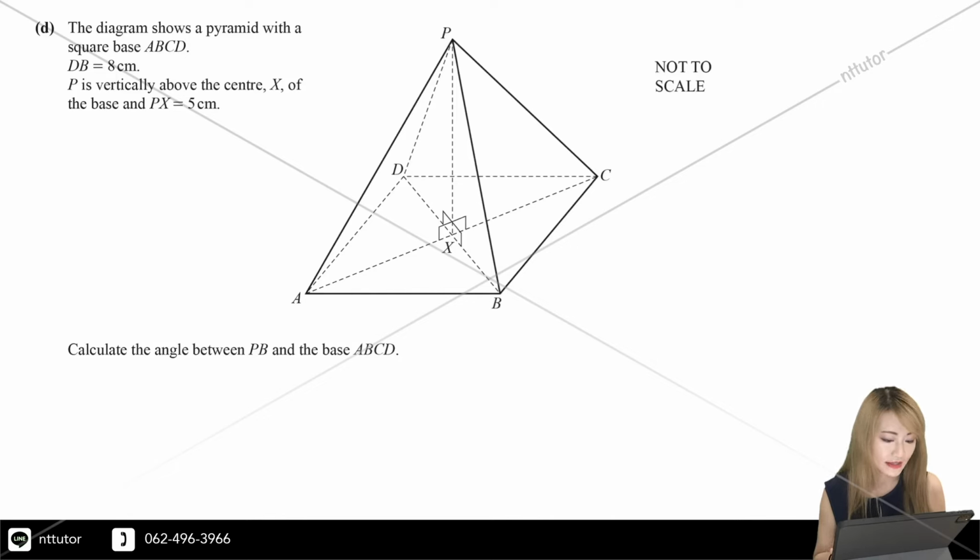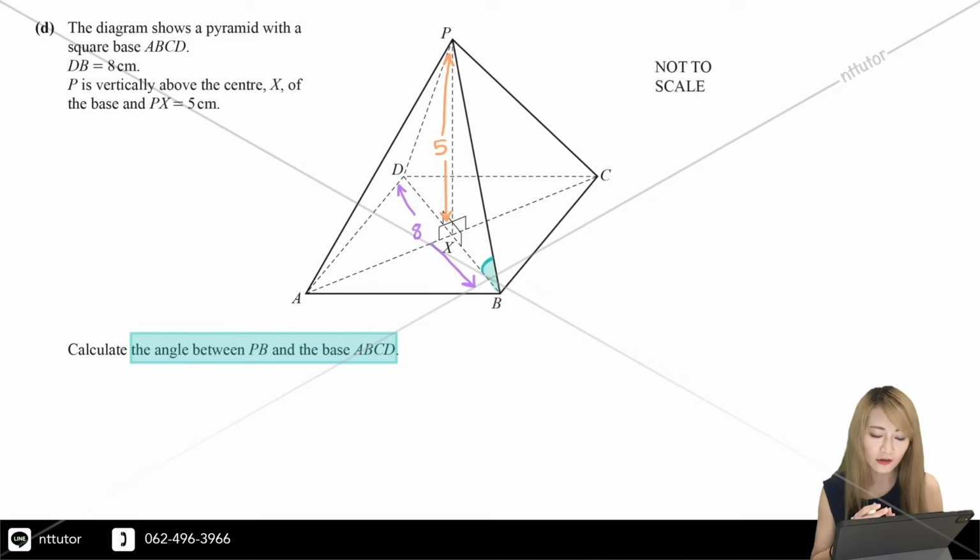So when it says that DB is equal to 8 centimeters, this diagonal over here is 8. And when PX is equal to 5 centimeters, this height over here is equal to 5. And we want to find the angle between line PB and the base ABCD. So that's this angle over here.